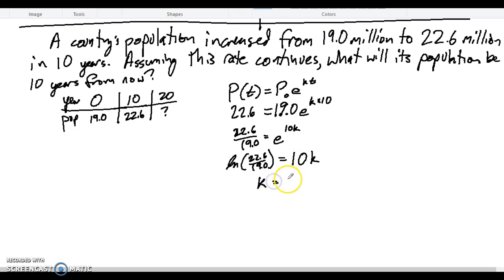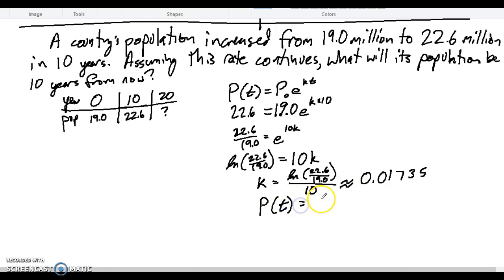So k is equal to the natural log of 22.6 over 19.0, and all of that over 10, which is approximately 0.01735. That means our population model is equal to 19.0 e to the 0.01735t.